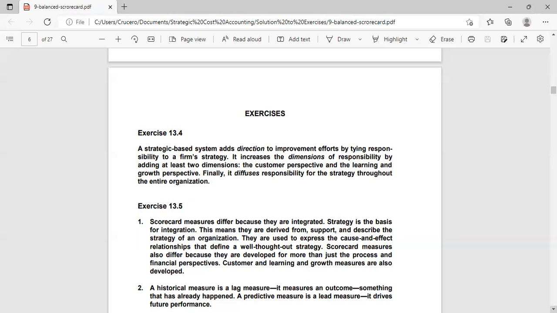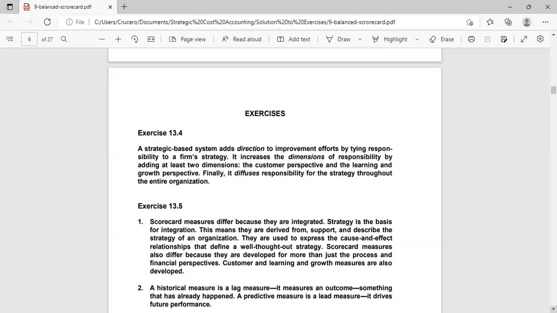They are used to express the cause and effect relationships of an organization.